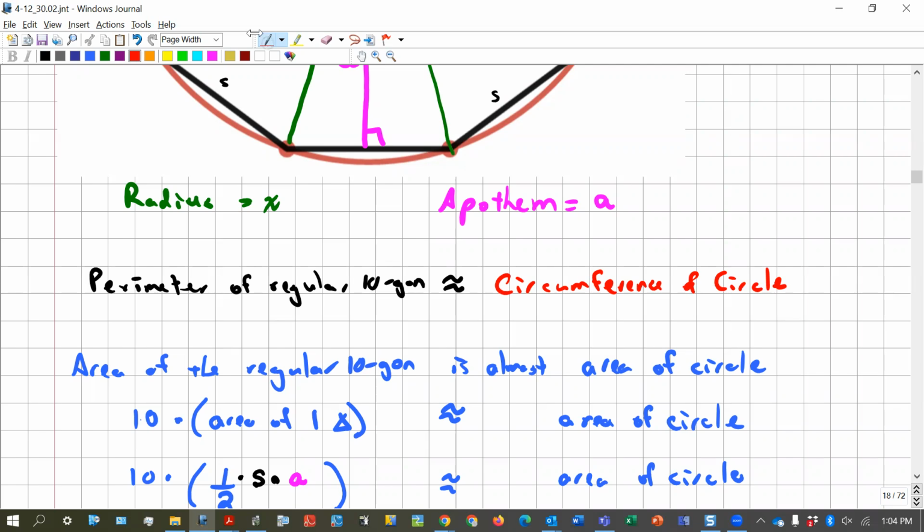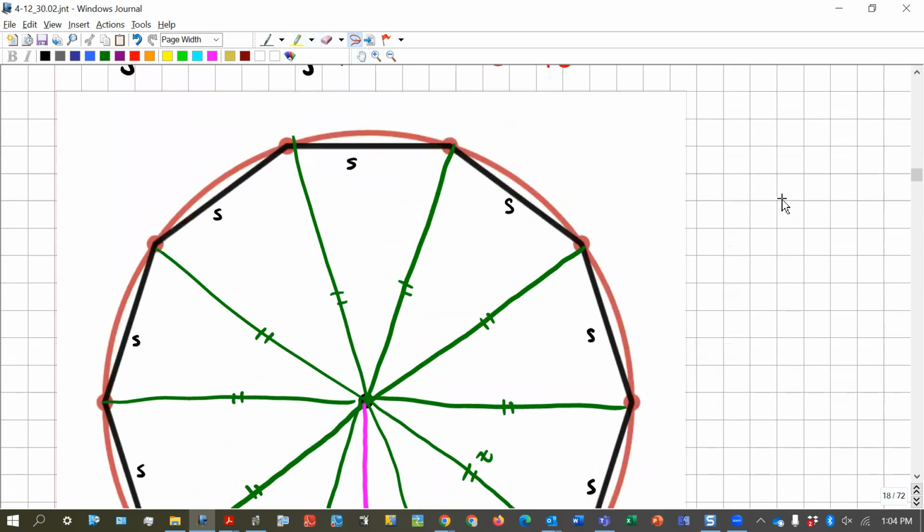The perimeter of the regular 10-gon is just 10 times the number S, whatever it is. But this is just a regular 10-gon.